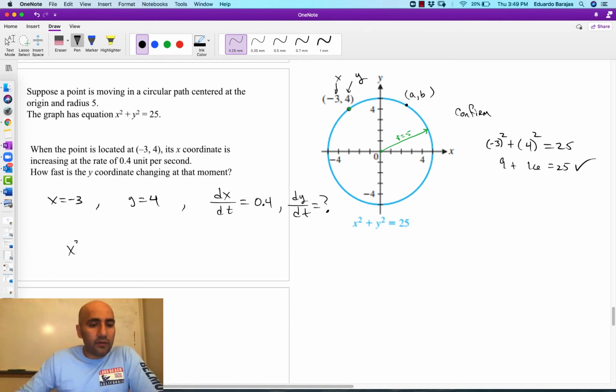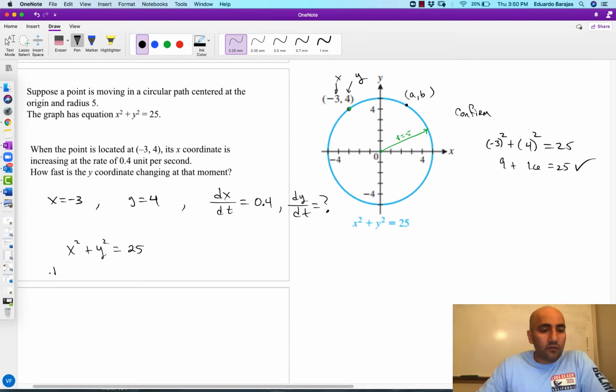This one's going to be an easy one, way easier than the one before. So if we have x squared plus y squared equals 25, let's take a derivative with respect to t, inspired by the information they've given me and the information that they asked for. Let's take the derivative d/dt of x squared plus y squared, and on the other side, the derivative with respect to t of 25.